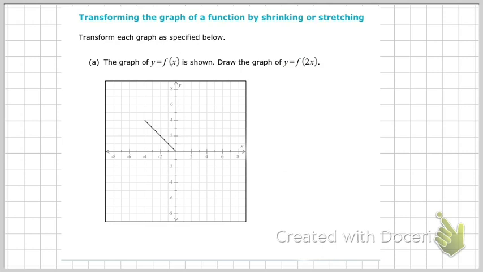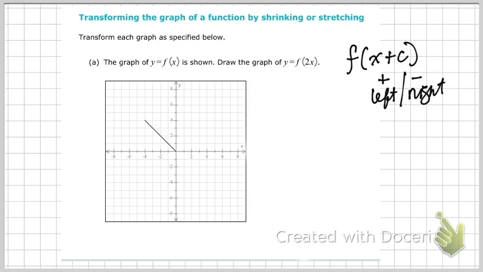Remember when we do f of x plus c, if c is positive, then it's left, and if c is negative, it's right. And that's the opposite of what you think it might be. The same thing is at work here.